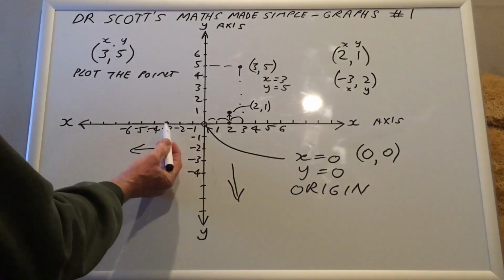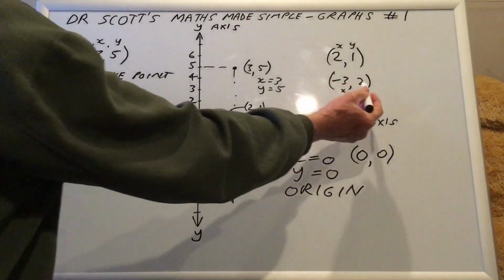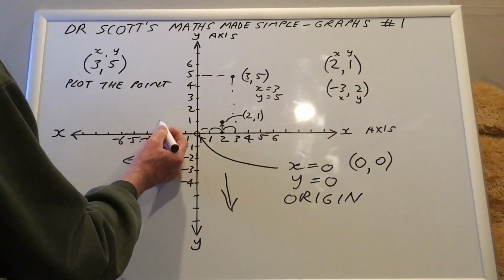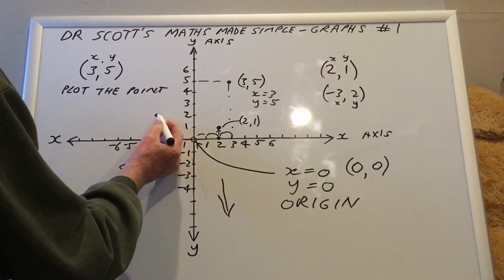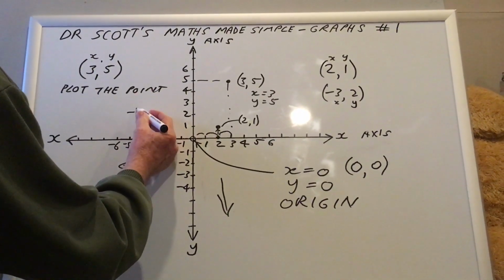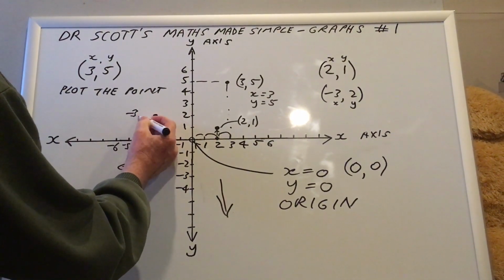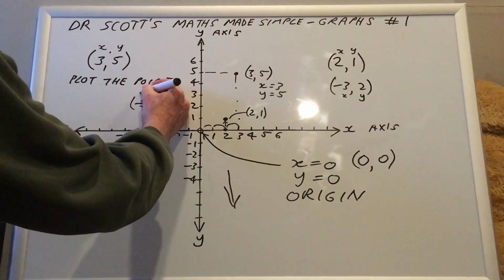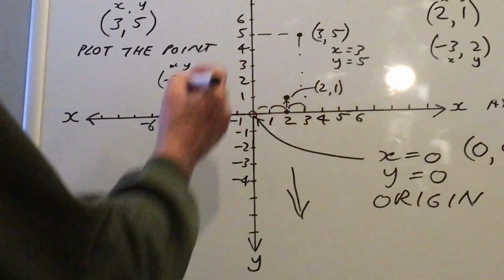That's -3. And then the 2 of the Y is actually a positive number. So we go up 1, 2. And that's the point (-3, 2), because that's your X and that's your Y.